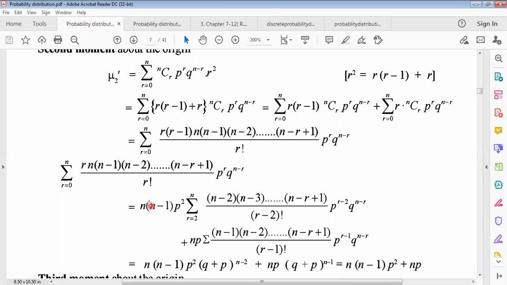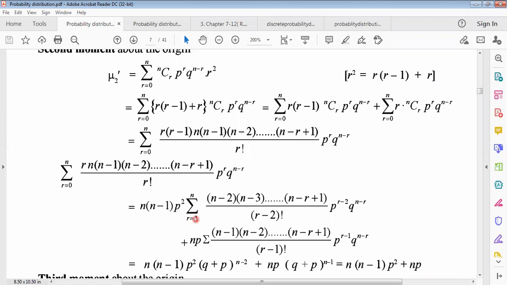Now n into n minus 1 will be common, and p square we have to take common, so p to the power r becomes p to the power r minus 2, because p square is common. Then the series runs from r equals 2 to n.